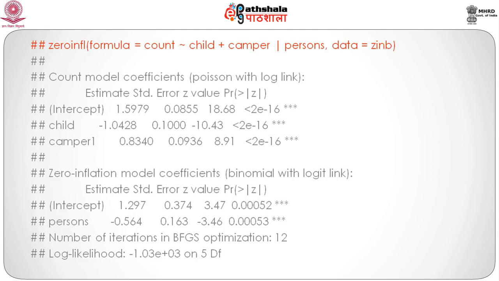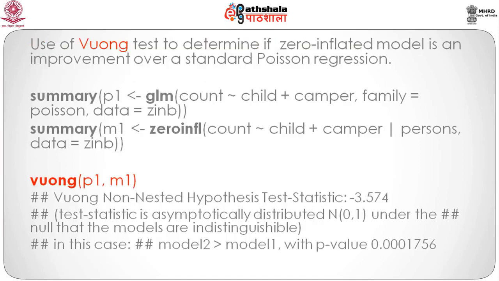So here we see the results of the zero inflated model fitted to this data. Now, application of the zero inflated model by itself does not tell us whether it has led to any significant benefits, in the sense of whether it has led to any improvements over the GLM model.